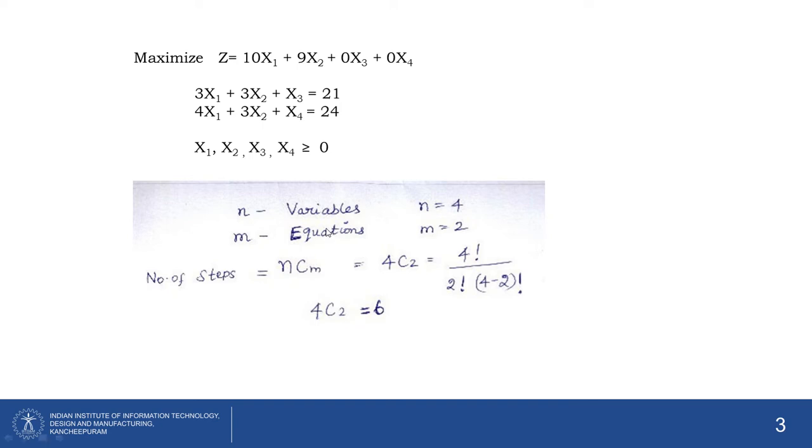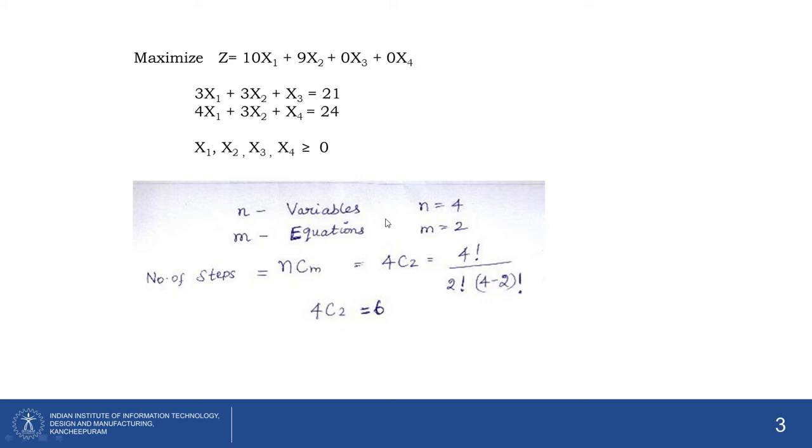Here we have four variables, x1, x2, x3 and x4, and we have only two equations. So at a time we can take only two basic variables, and the other two variables are set to 0. In the algebraic method we have some steps.